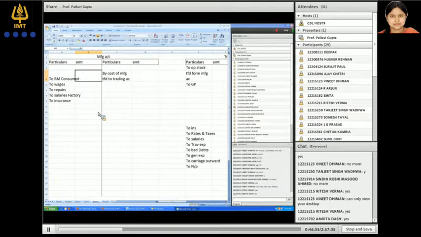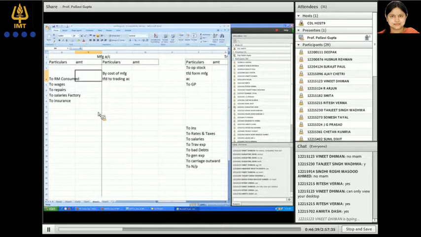Okay. Just go through the question. The trial balance is given. This is a very simple question.